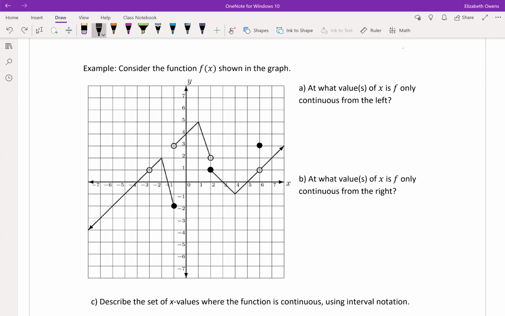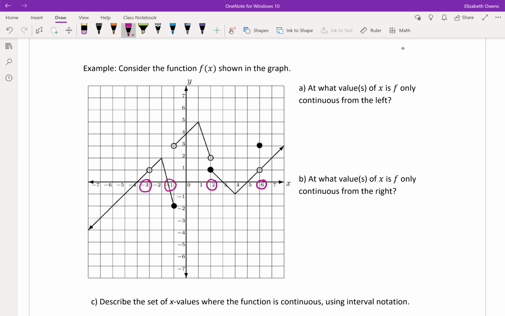So, let's look at our main areas here. We want to focus in on the points where there might be some trouble. I would identify those as -3, -1, 2, and 6. Those are our 4 values that we want to be testing out here. And why did I circle those? It's because that's where the discontinuities are.